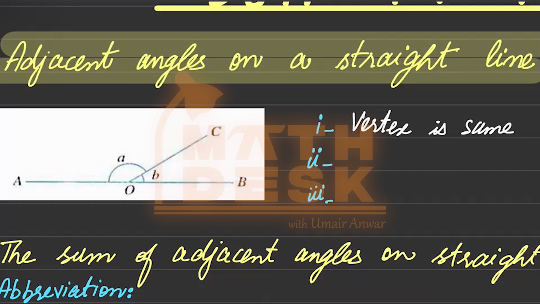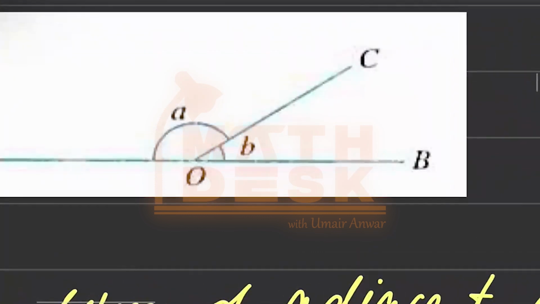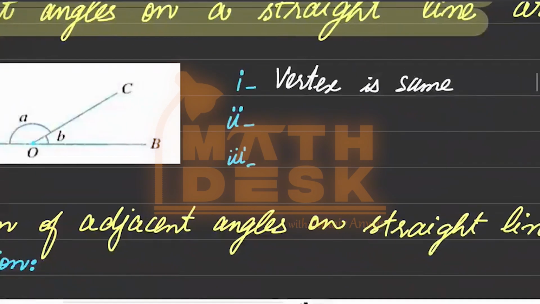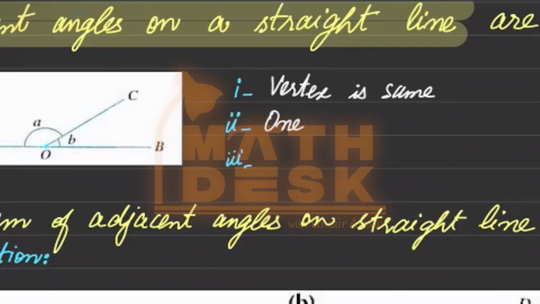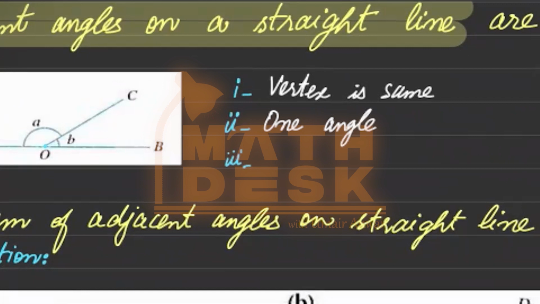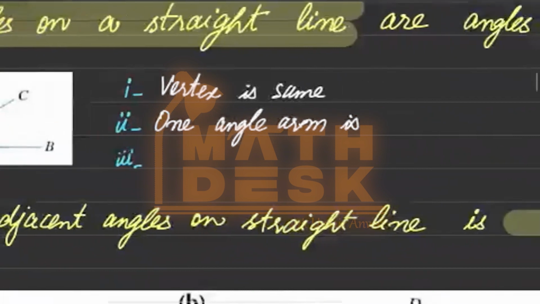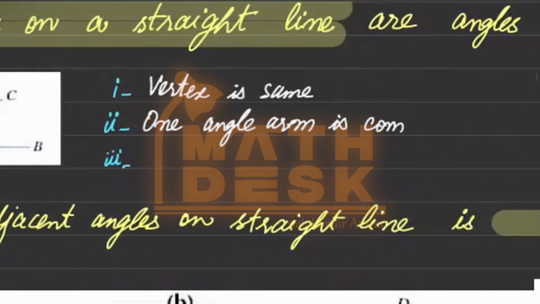So as we can see, we have two angles, angle A and angle B over here, and both of them are being formed at a point O. So their vertex must be the same. Secondly, for adjacent angles, one angle arm is common. An angle is always formed between two arms or two sides.